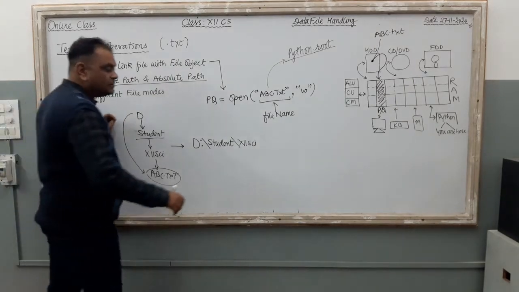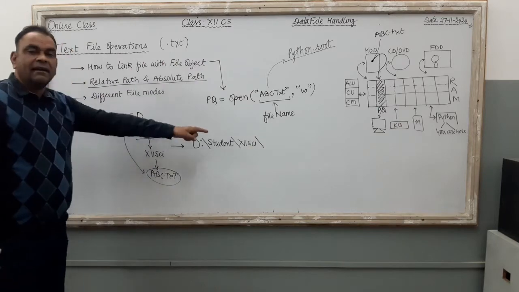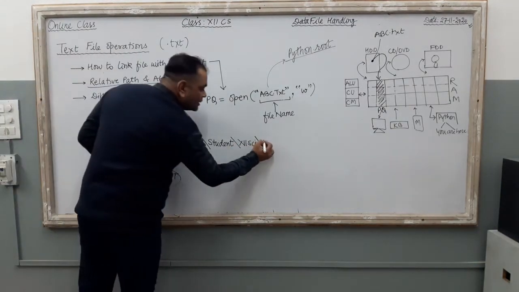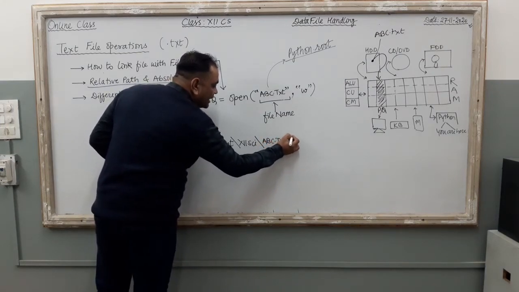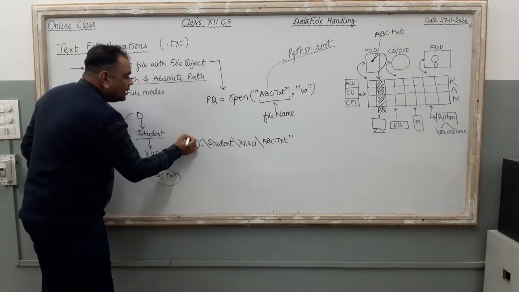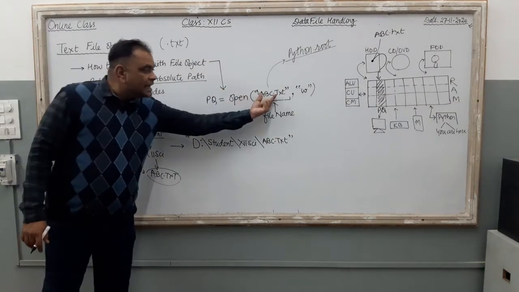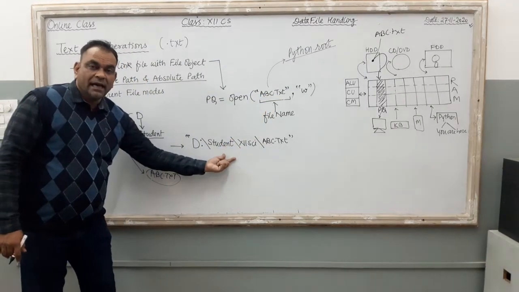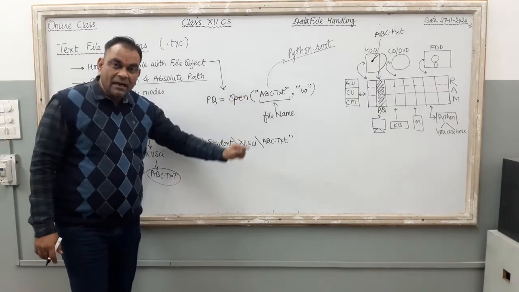Inside this 12 science folder, again write one backslash, and then your file, abc.txt. It is the absolute path of your file. You can replace this part with that part, right? This is the absolute path of your file, and this is the relative path of your file, right?